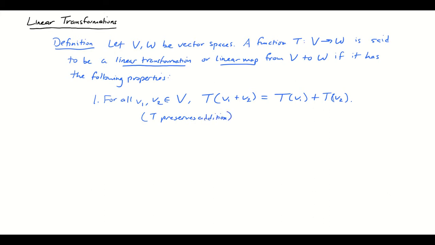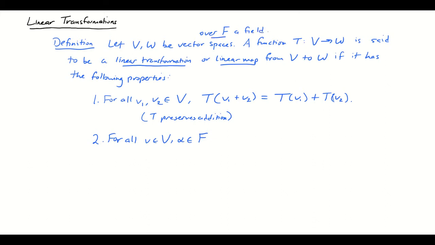You might say that T is a homomorphism of additive abelian groups because every vector space is an abelian group under addition. And number two, for all V belonging to V and alpha belonging to F, the field of scalars, and I'm realizing now that I forgot to put that at the beginning of the definition, these are vector spaces over F, a field.